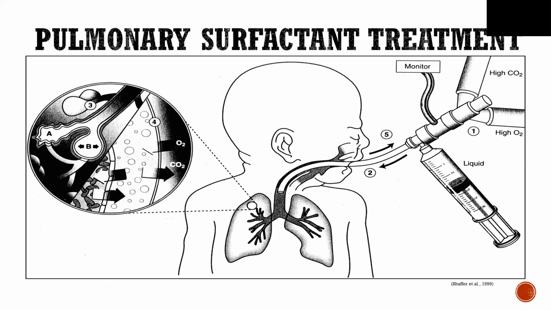And then just imagine A in that condition and then expanding and becoming back to normal shape after the surfactant takes effect. So we can see that the alveoli begin to stretch back out to their normal size, and now they're able to carry out that gas exchange. So now that neonate is able to take in oxygen, the lungs are able to function correctly and distribute that oxygen throughout the vital organs.